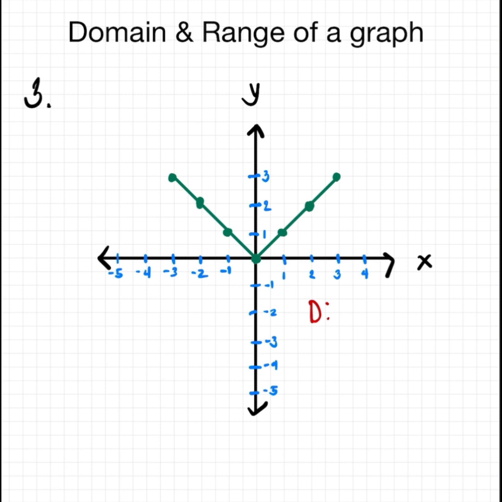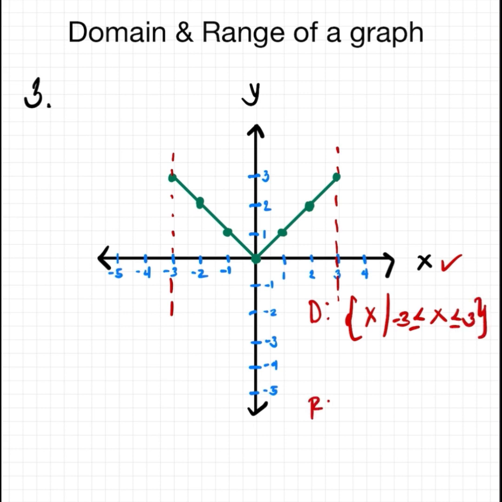For the domain, take note that from the endpoint to the left, going to the right of the given graph, it started from -3 to +3 from its x values. Okay, so therefore, the domain is all values of x such that x is greater than or equal to -3 but less than or equal to +3.